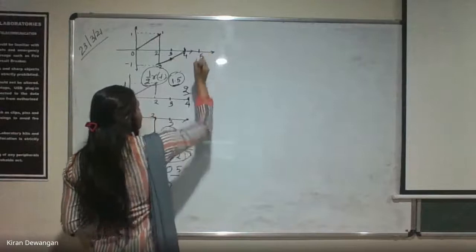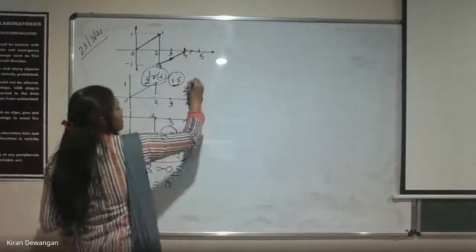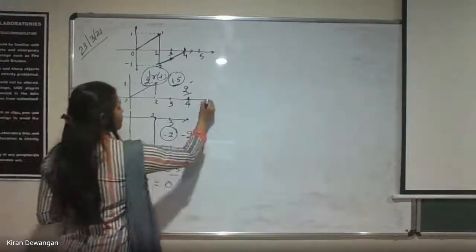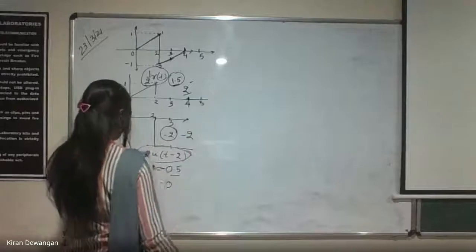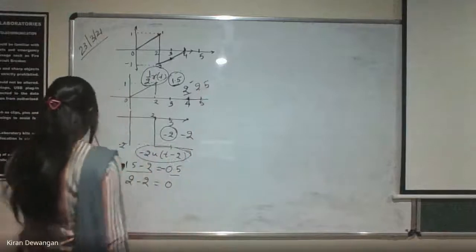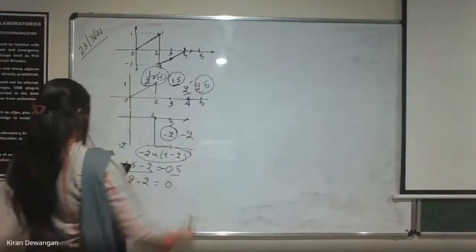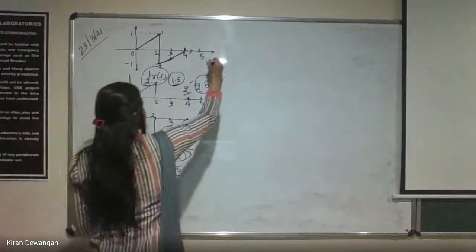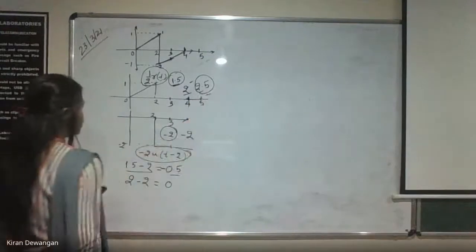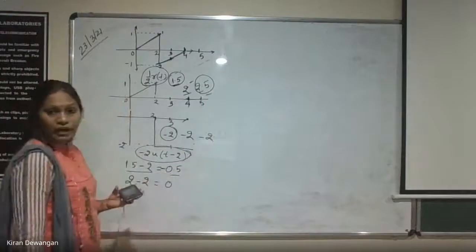Now if you check for 5, what will be the value of 1/2 r(t) at 5? It will be 2.5. Yes, it's 2.5, right? This will have value 2.5 because it is increasing this way. So at 5, this will have the value 2.5, and this will have the same value -2.